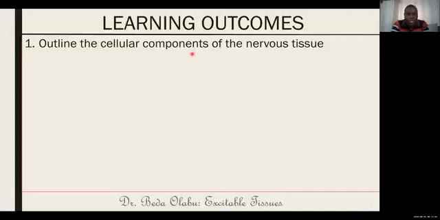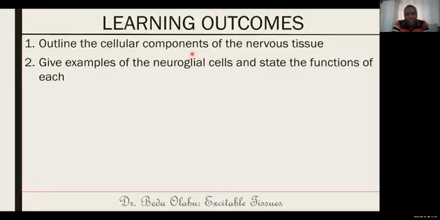So we'll only focus on the cellular components of the nervous tissue, and we are going to see how these cellular components are classified. One of those classifications is the neuroglial cells. For these, we are going to state their components as well as indicate the functions of each of those.